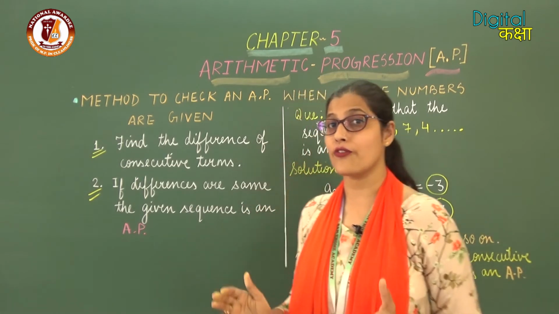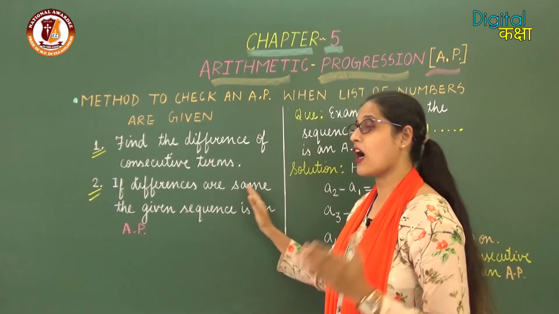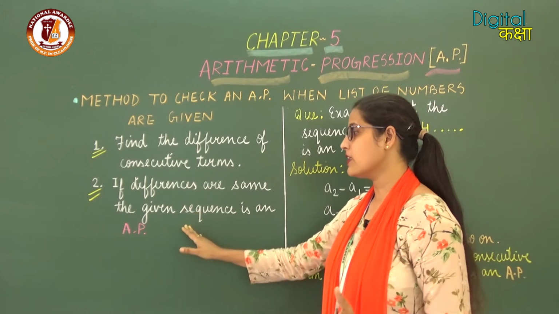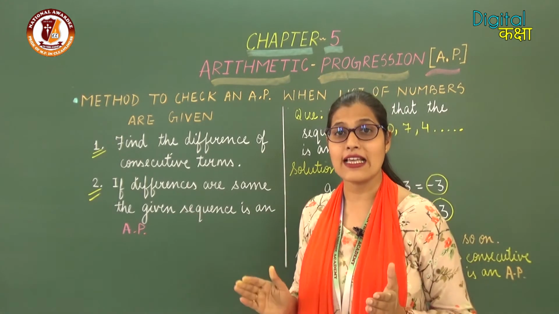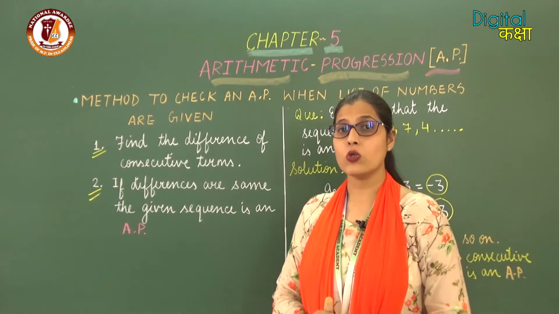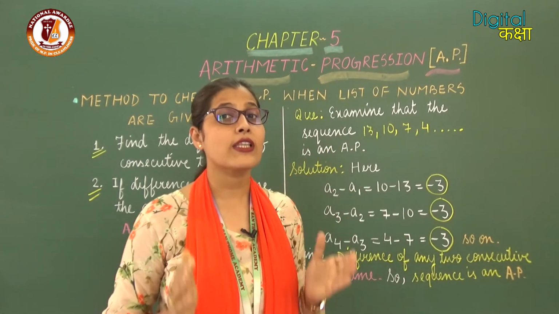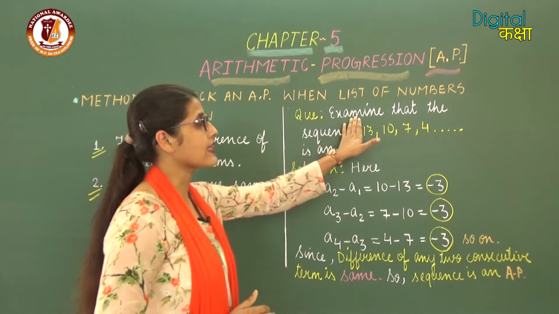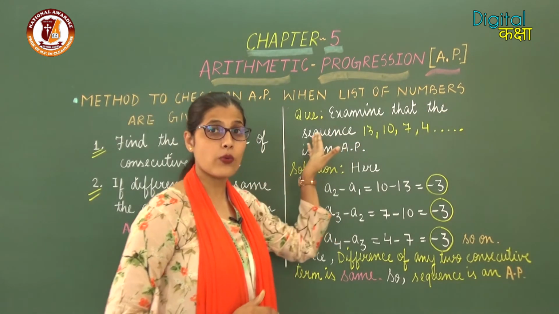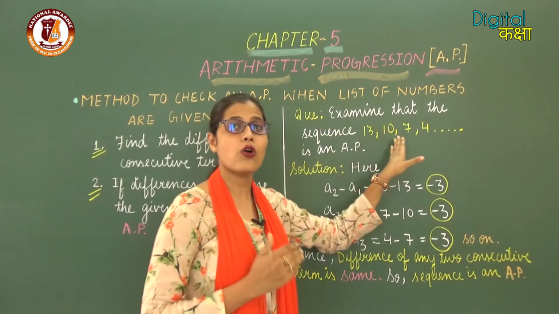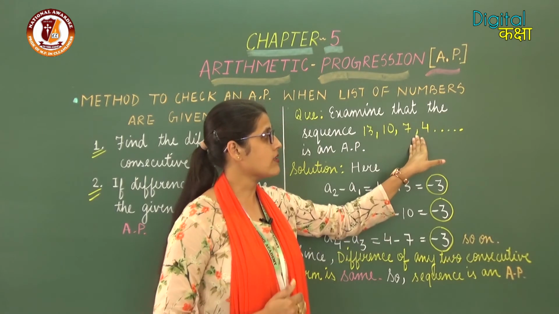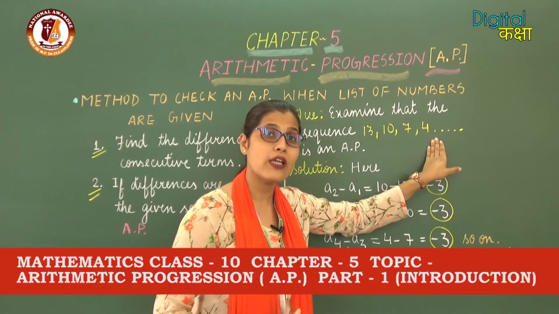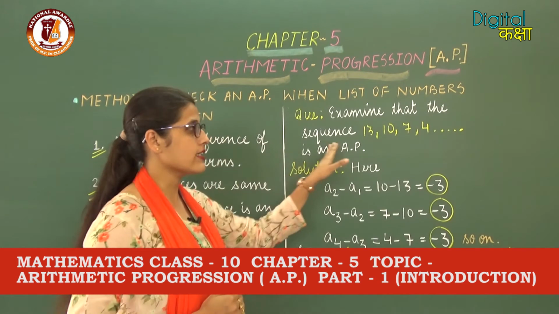After finding the difference, if the differences are same, then the given sequence is an AP. So, let us understand it with the help of an example. The question is, examine whether the sequence 13, 10, 7, 4 and so on is an AP.